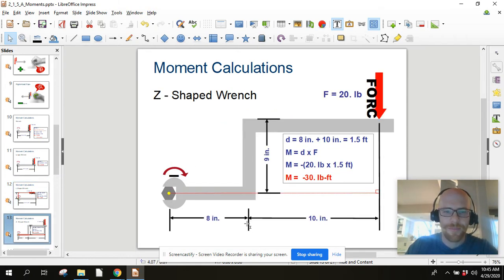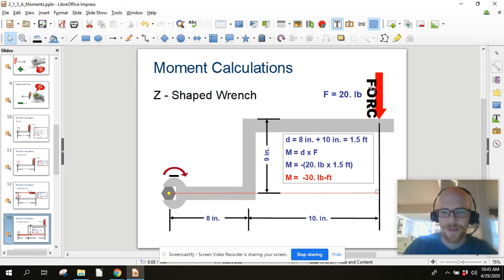All right, here's an example of a Z-shaped wrench. The only distance that matters in a moment calculation is the perpendicular distance. So 8 inches and 10 inches are perpendicular to the force right here. We add 8 and 10, that's 18 inches, which is 1.5 feet.